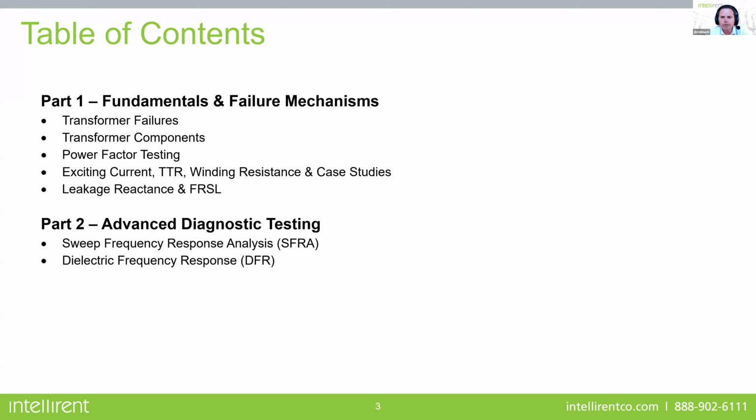And then we move into some advanced testing, which I don't think is advanced, but it's more modern, newer testing that you should know about and have in your toolkit when you need it, called sweep frequency response analysis (SFRA) and dielectric frequency response (DFR). And then we'll wrap it up with another case study that combines multiple tests to see how they all interact to pinpoint a problem.